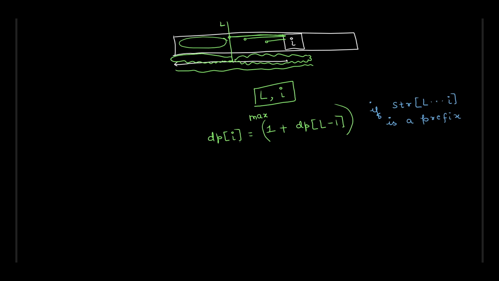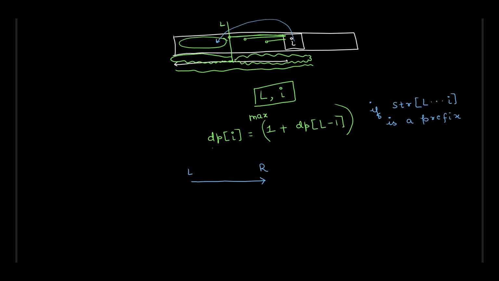Now you can see that to populate dp of I you need the answer for a previous dp, which is dp L minus 1. So if you ensure that you populate dp from left to right, then by the time you reach the ith dp, you will already have the answer to dp L minus 1.